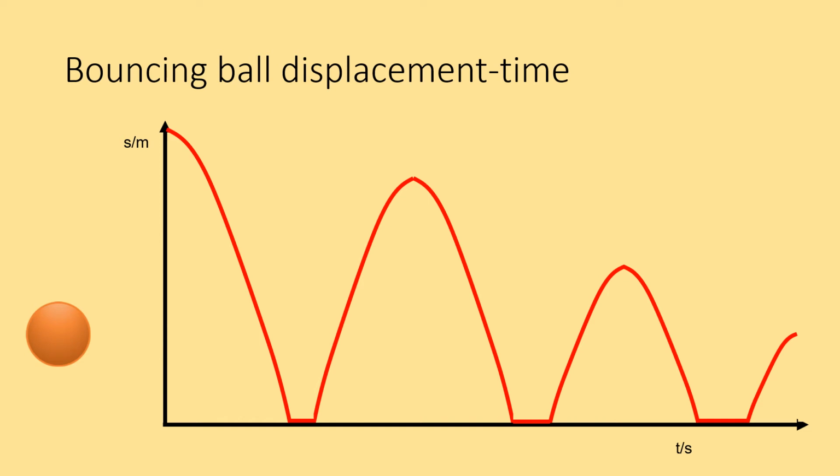So the acceleration, obviously the acceleration is the same. It's acceleration due to gravity, so it's 9.81 meters per second squared as the ball falls, but the displacement falls from its maximum displacement all the way down to the bottom. Then you get the elastic deformation, and you're going to get some energy loss there.